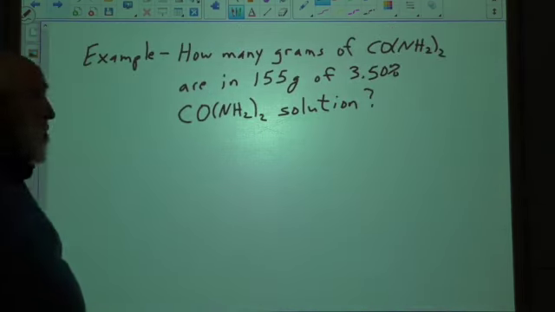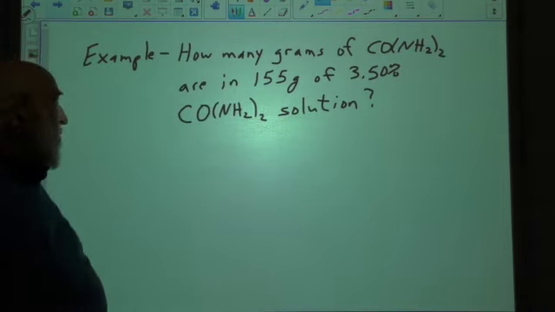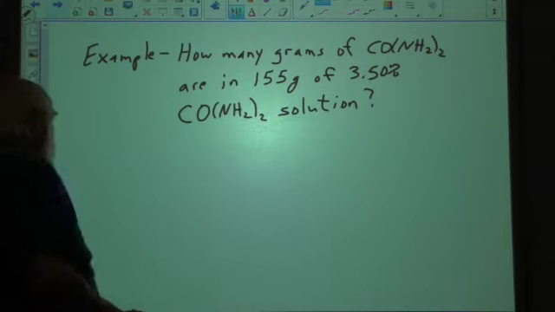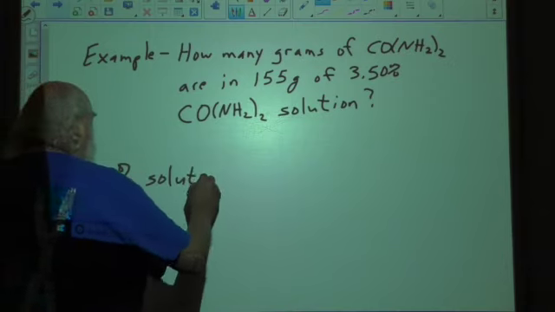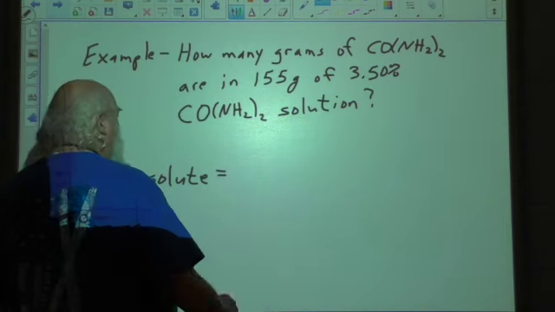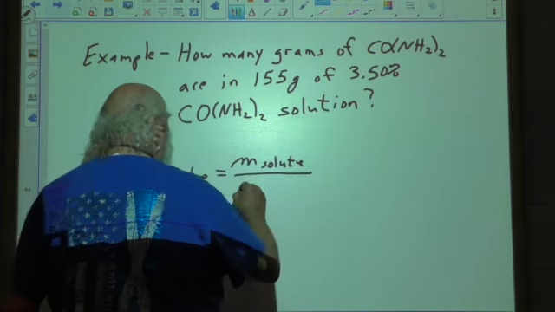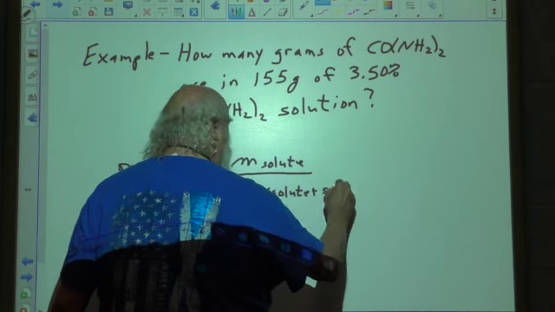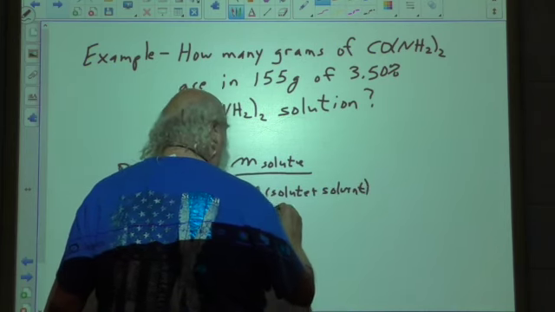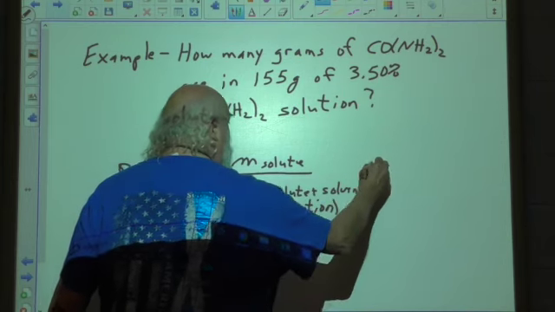This is an example of that. How many grams of this compound are in 155 grams of a 3.5% solution of that compound? So again, percent solute equals mass of solute over mass of solute plus solvent, also known as the mass of the solution, times 100.